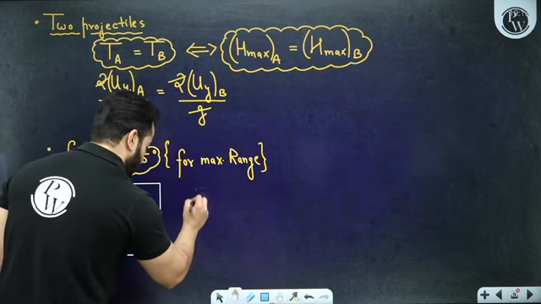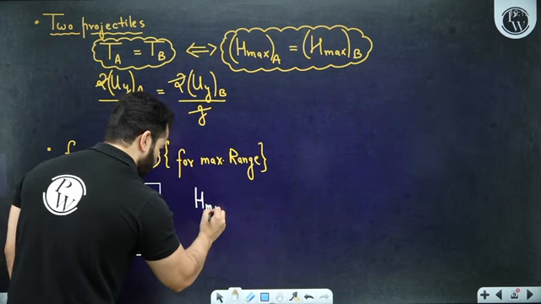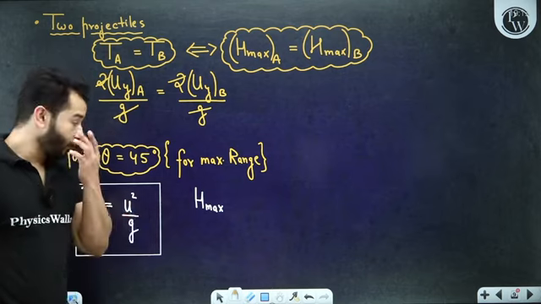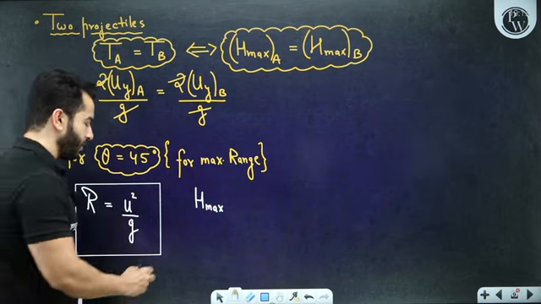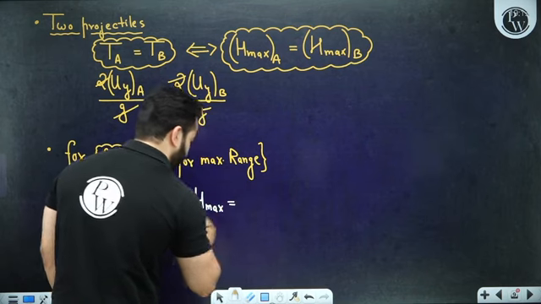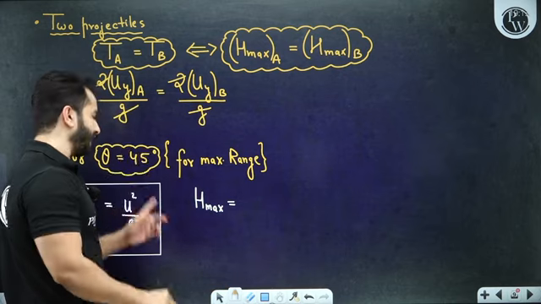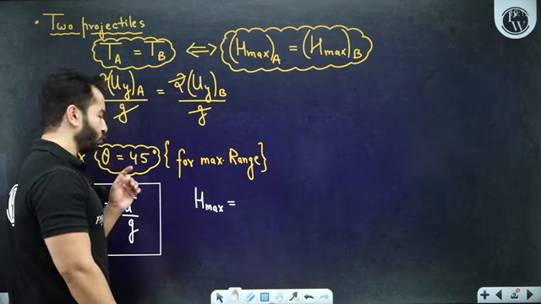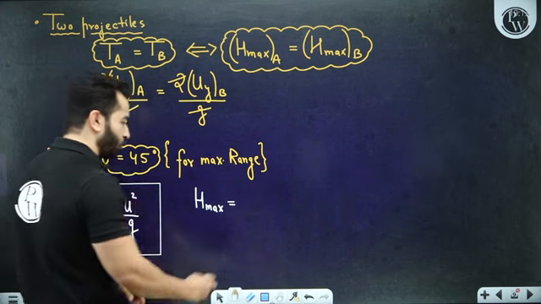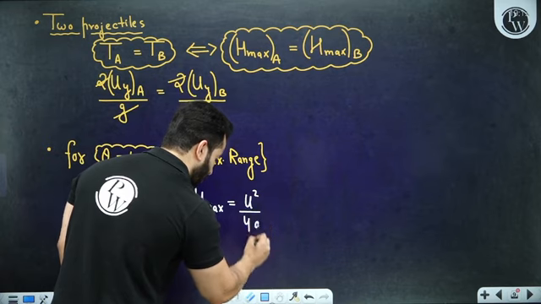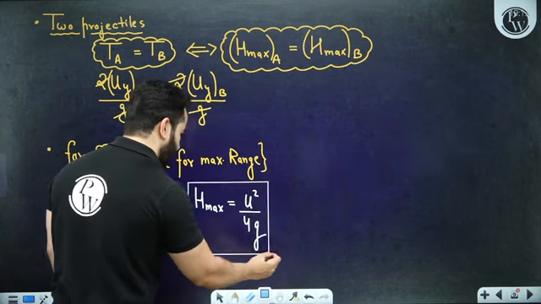If we want to write out the maximum height, because basically both range and maximum height have the same dimensions, let's compare them. Maximum height can actually be written as u square sine square theta by 2g, isn't it? Sine theta would be 1 by root 2. So by this logic we can write it as u square by 4g. Is that correct? Now let's compare them.